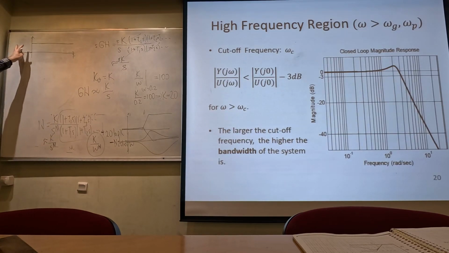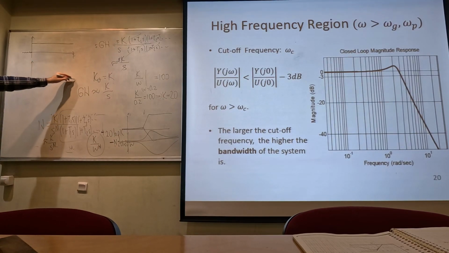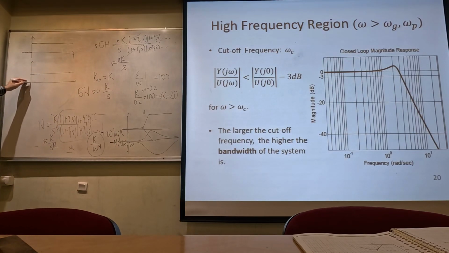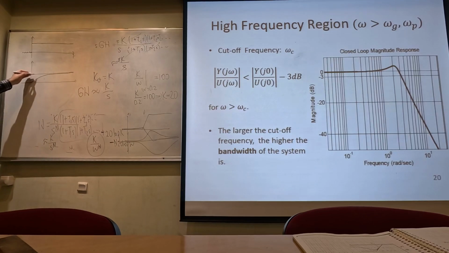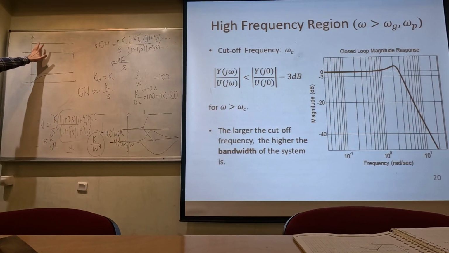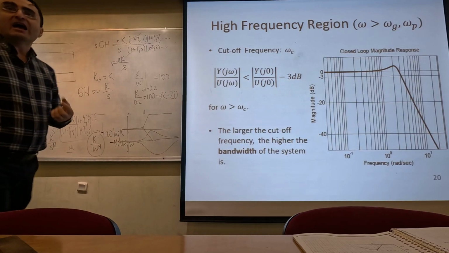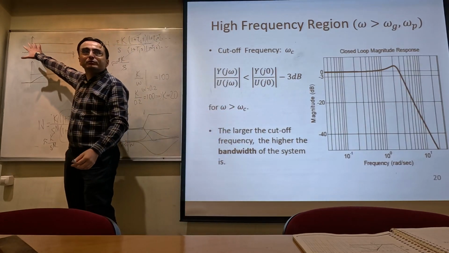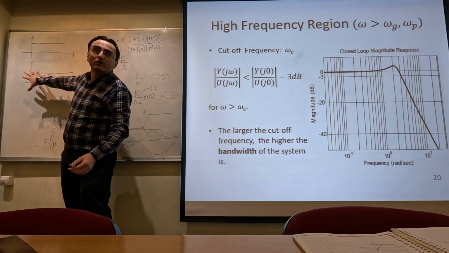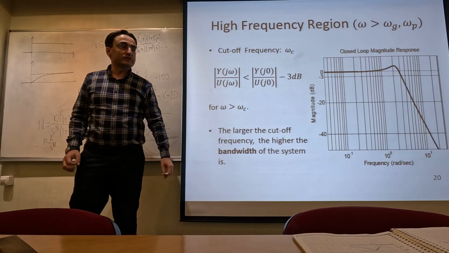If I pass this signal through a low pass filter, this sharp edge is going to disappear, and I will get something like this. So this is a low pass effect. We can think about our closed loop systems as low pass filters, taking a unit step input and converting it into this form.